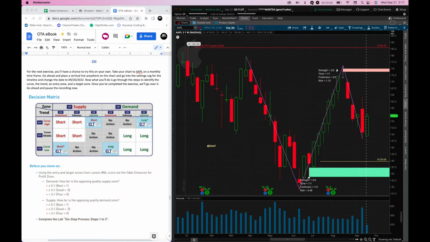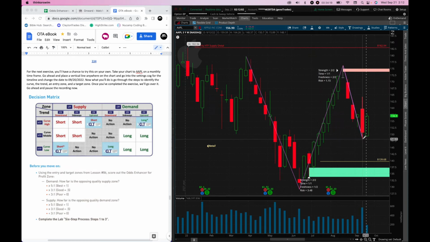Now, you may have chosen to go with something a little more refined. Perhaps looking at the third segment, say you went from here to there, from there to there, and from there up to here. However, to me, this just seems like chop, what a lot of traders will refer to as chop, where price is moving around within a confined area, but does not necessarily speak for the overall move in price.